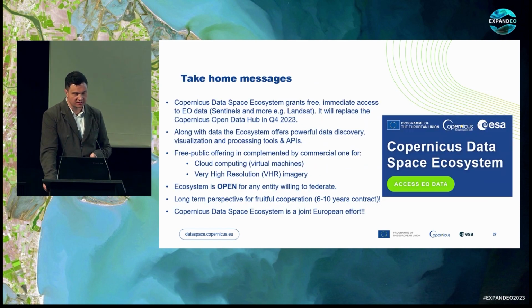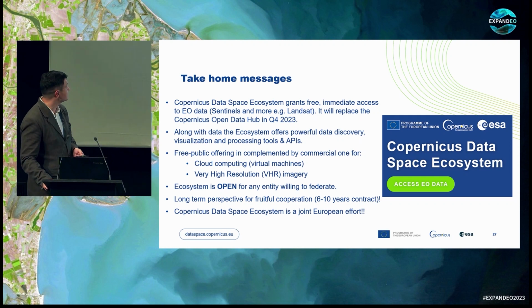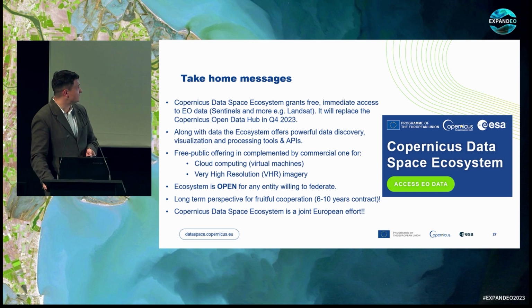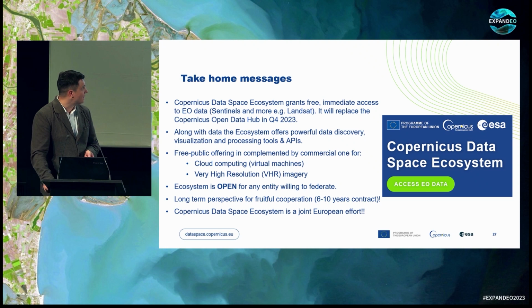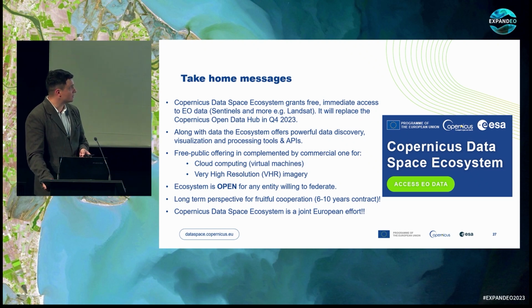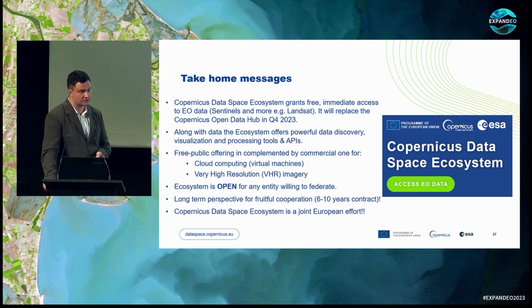So to summarize, what I would like you to remember from this short introduction is that the Copernicus Data Space Ecosystem grants free and immediate access to EO data. It's not only from the Copernicus, but also, for example, from Landsat missions. Then the ecosystem will replace the current Copernicus open data hubs in the fourth quarter of this year.